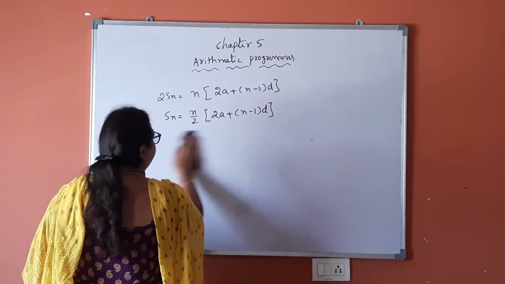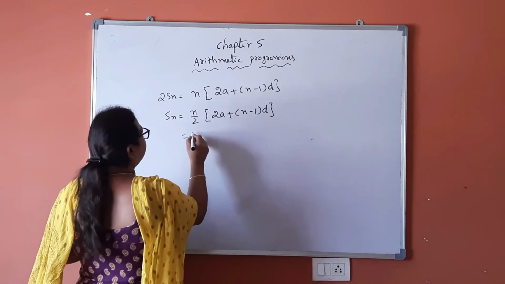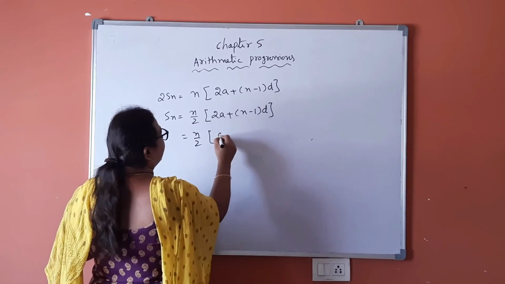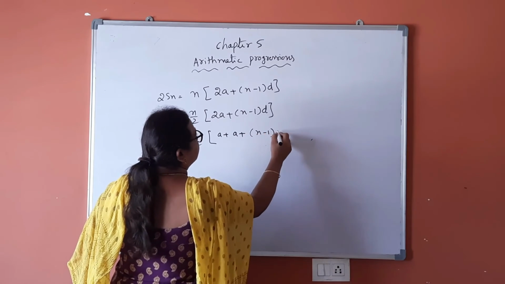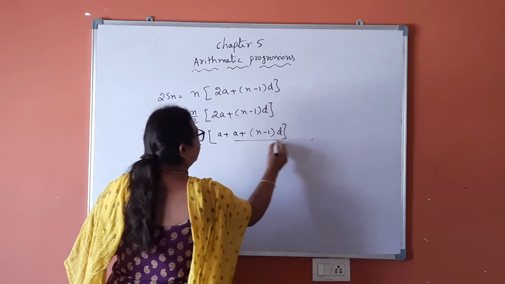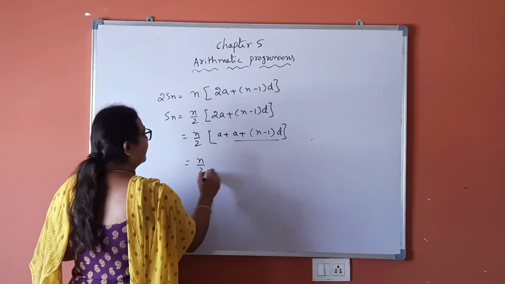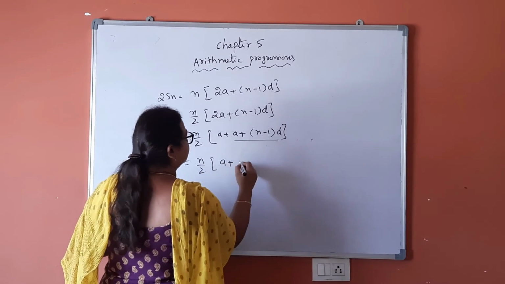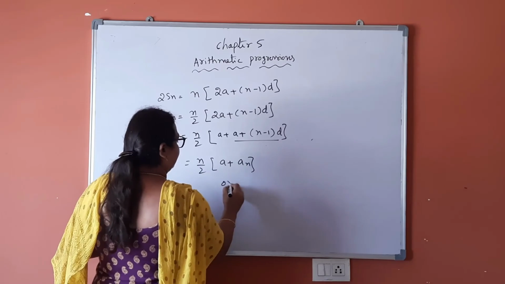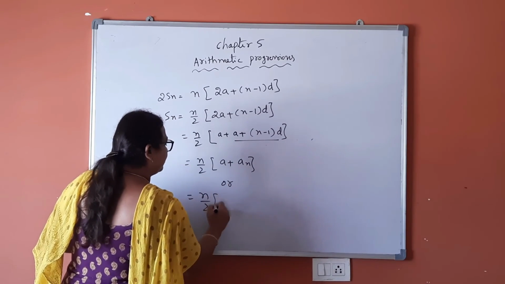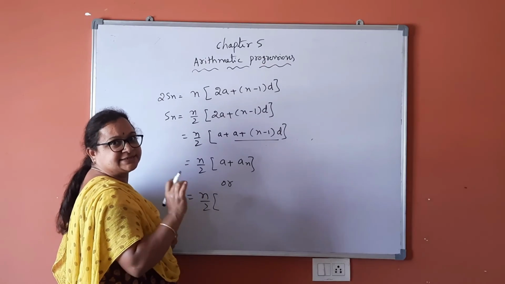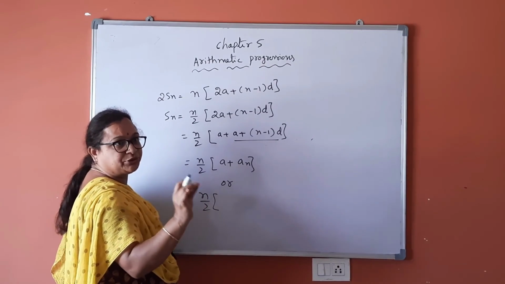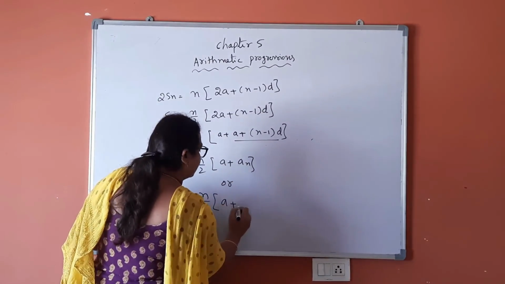The same thing, we can write 2a plus n minus 1 into d as a plus an. So this is nothing but n by 2 into a plus an. An is also denoted by l, the last term of AP is also denoted by l. So n by 2 into a plus l.